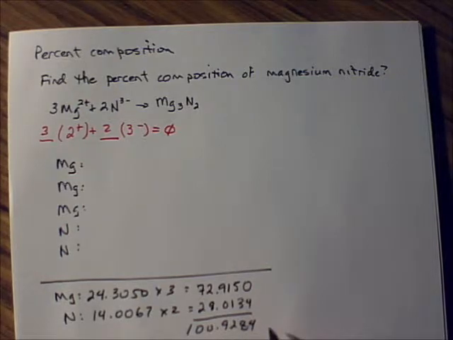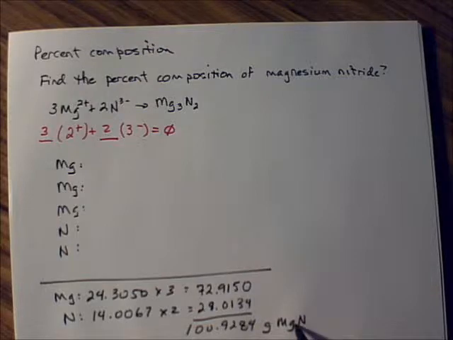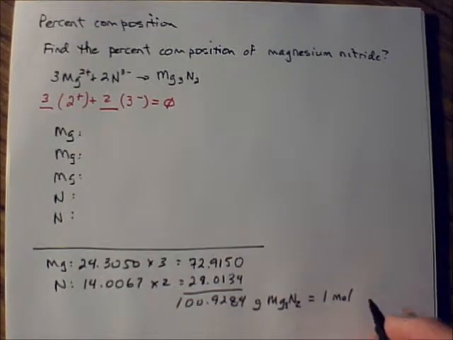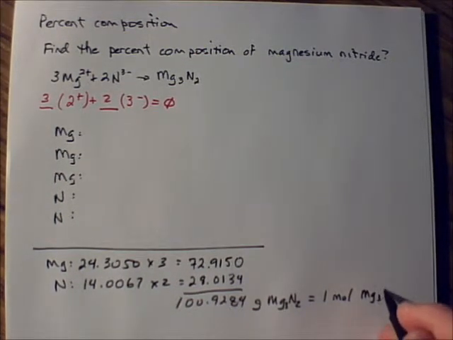And that's grams of magnesium 3 nitride 2 equals 1 mole of magnesium nitride.